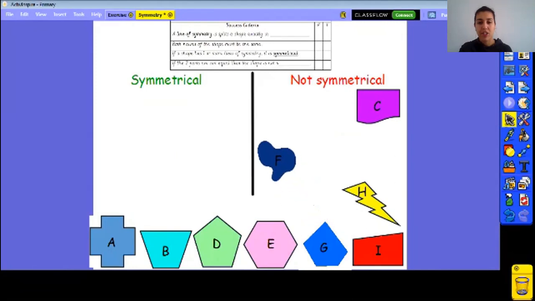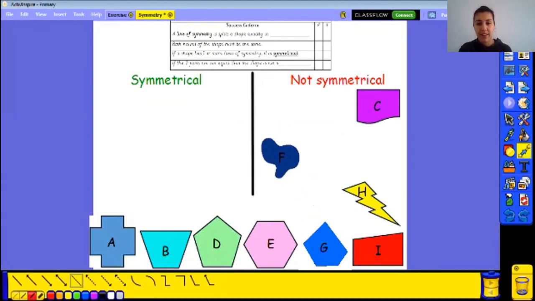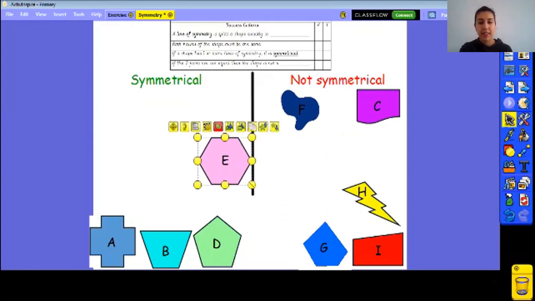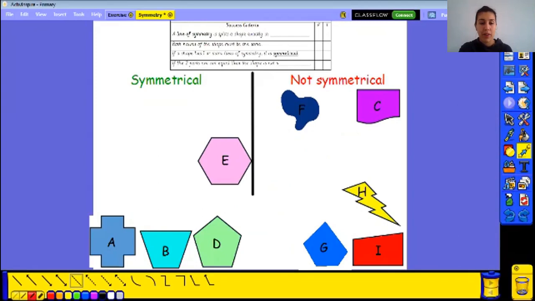What about this shape then? Well, I think this one is very easy to tell that whichever way you split it, it will not have any lines of symmetry at all. Very, very irregular shape. What about E then? Let's have a look at E. Well, we know that this is a regular hexagon.